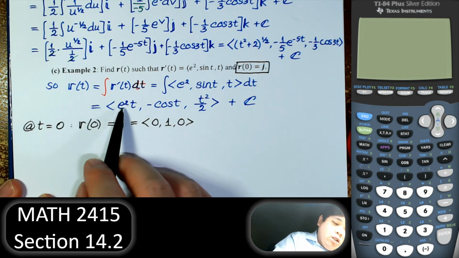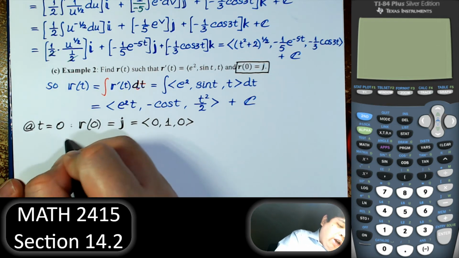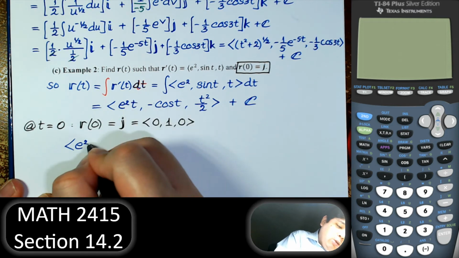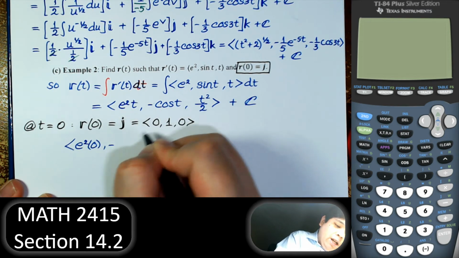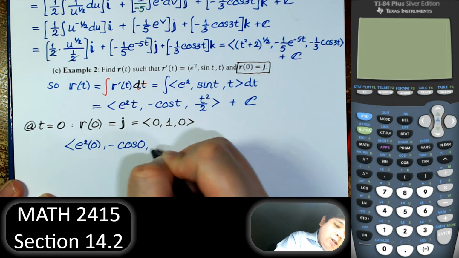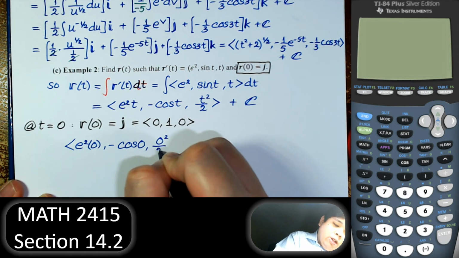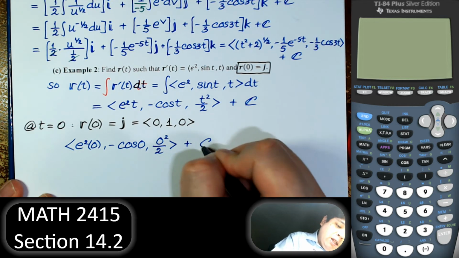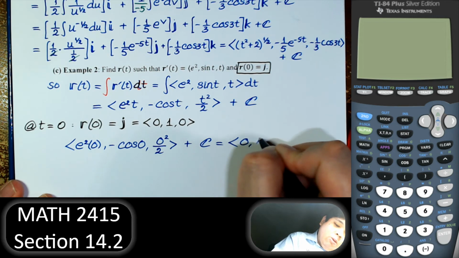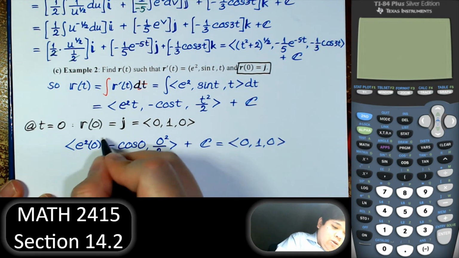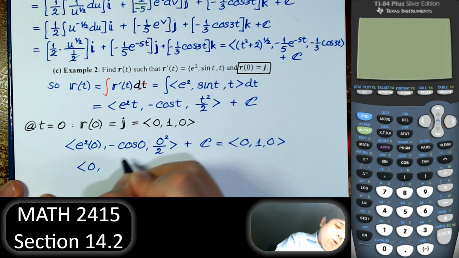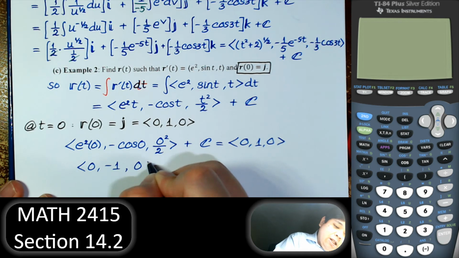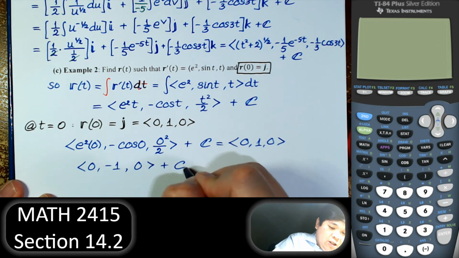On the left-hand side where I put 0 in, e squared times 0, negative cosine of 0, and then 0 squared over 2, plus c, equals 0, 1, 0. So 0 times that would be 0, cosine of 0 is 1, 0 divided by 2 is still 0, plus c.